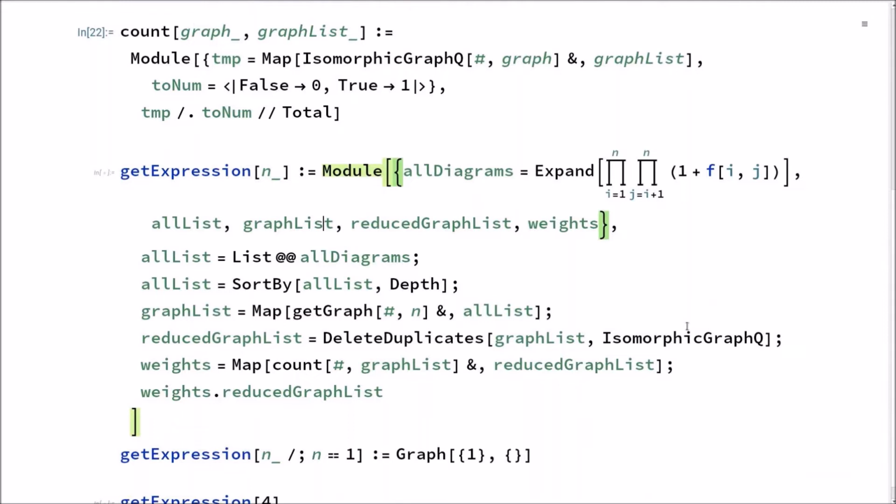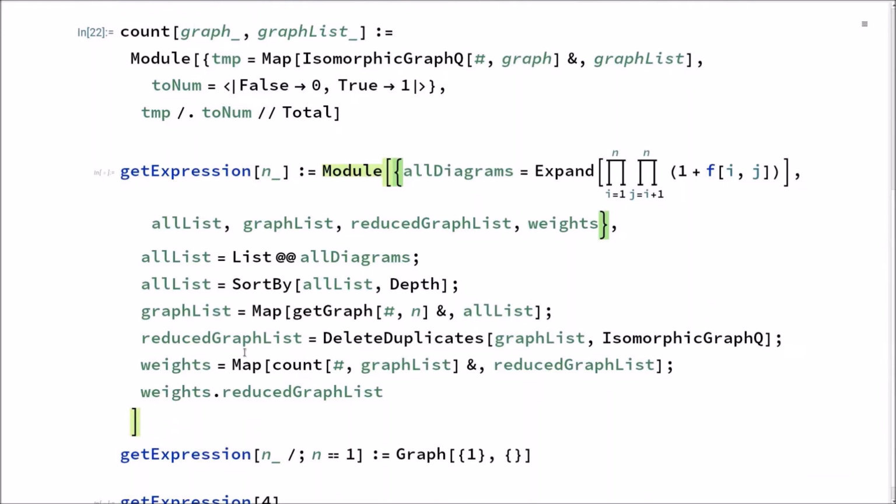And what is isomorphic? I've shown you before. If it's drawn in a similar way, or it can be drawn in an equivalent way, it's isomorphic, and then it's deleted.